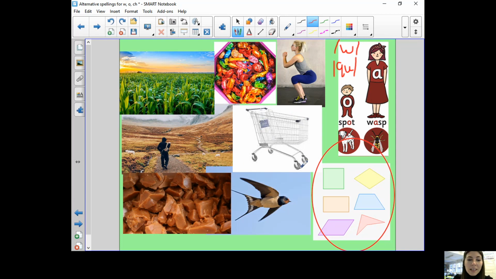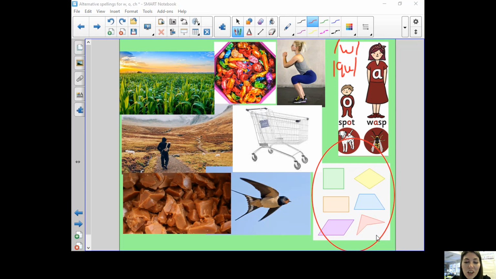Can you say that with me? Trolley. There's a special bird down here called a swallow. Let's say swallow together. Swallow. So your words here are crops, wander, toffee, quality, squat, trolley, and swallow.